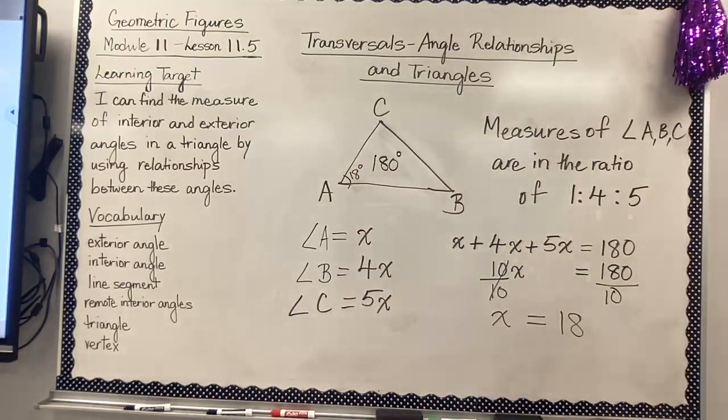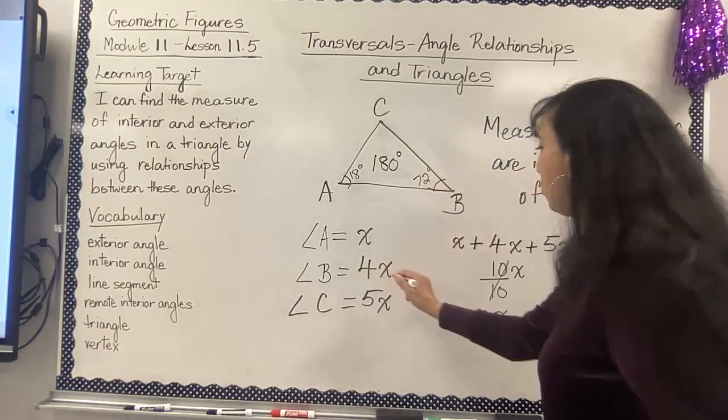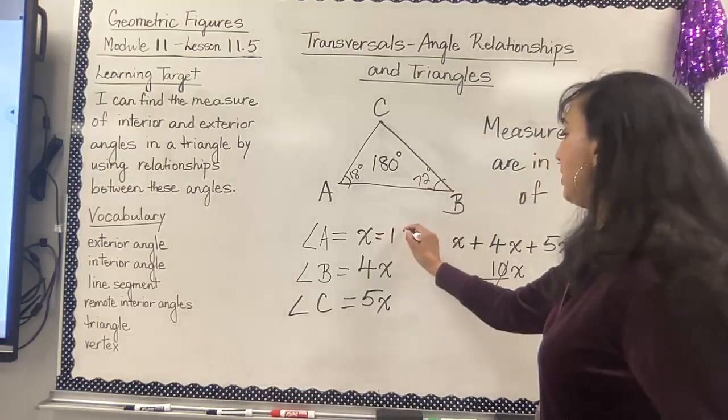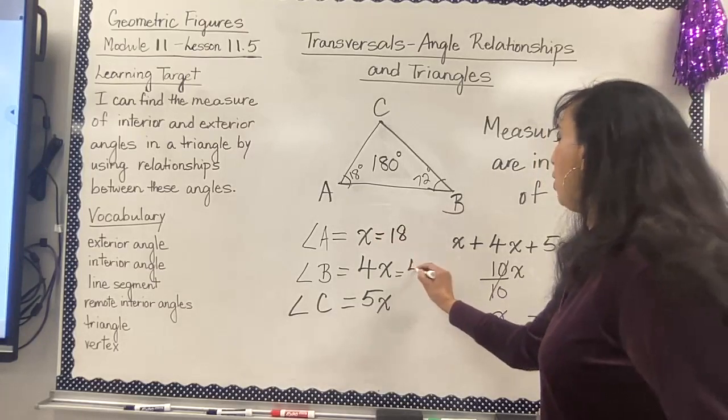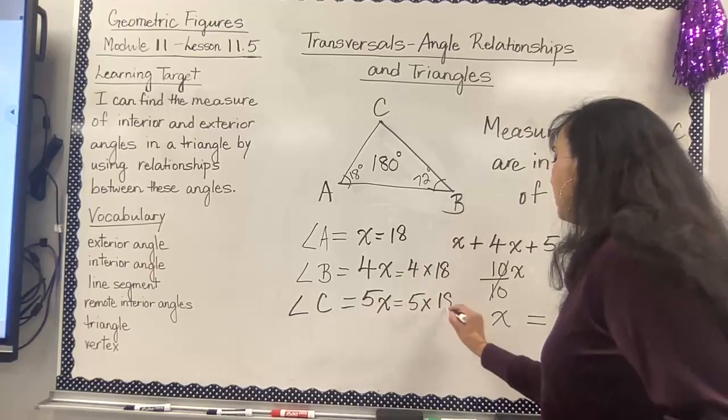Okay, so if that is 18 degrees, we can easily calculate what the other measurements are. So the next one, angle B, it said 4 times x. So we are going to do 4 times 18, which is going to give me 72 degrees. Because if x is 18, this is 4 times 18, and this is 5 times 18.